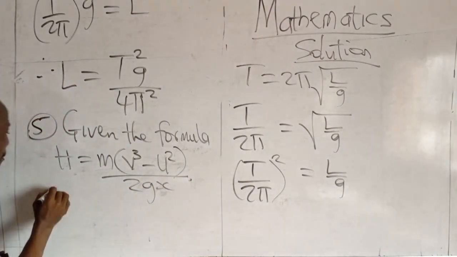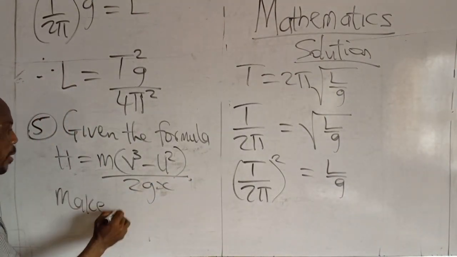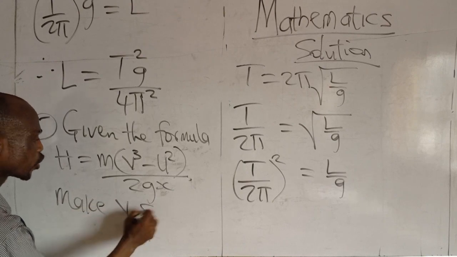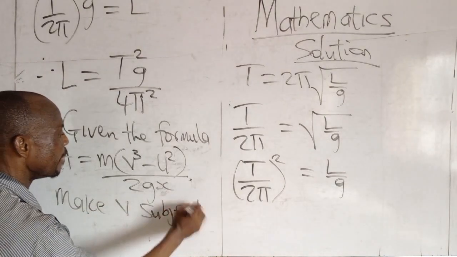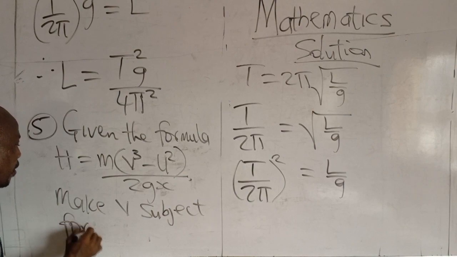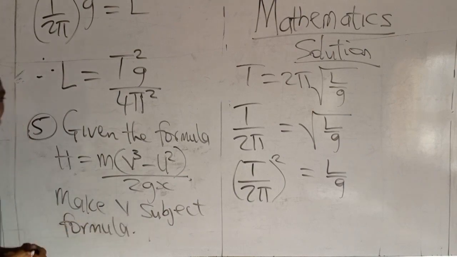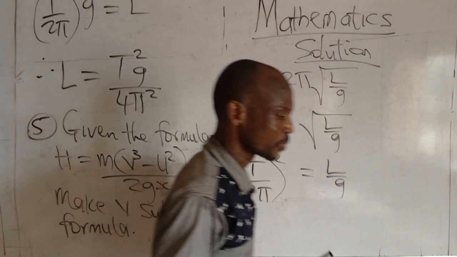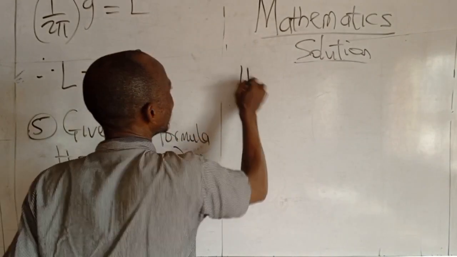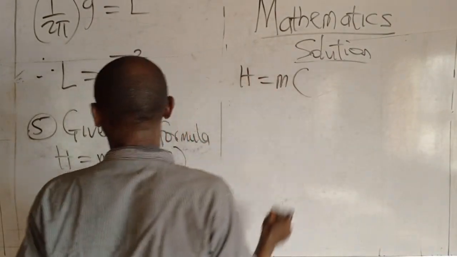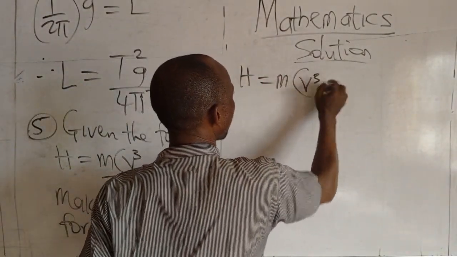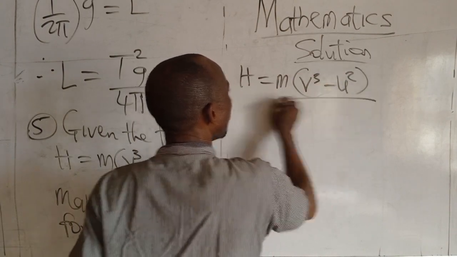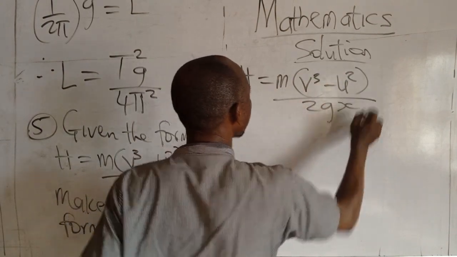Then we say what? Make V subject formula. We are going to look at a problem like this. First, we have H is equal to what? M open bracket V raised to power 3 minus U squared all over 2gx.